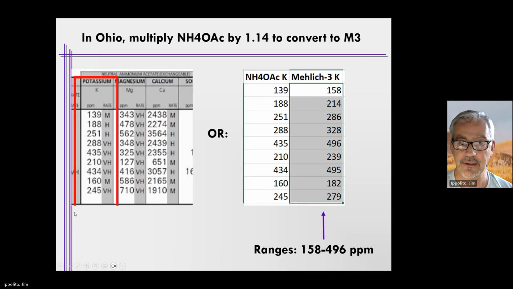So these are the values from the previous slide, and all I did was copy them into Excel and multiply this column by 1.14 to tell us what the Mehlich-3 extractable potassium concentrations should be. Those concentrations range from 158 to 495 or 496. Okay, so keep those concentrations, or at least the range, in mind.